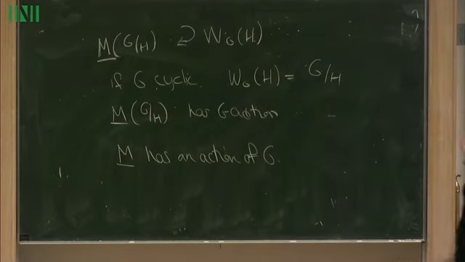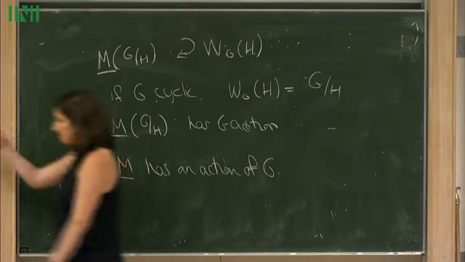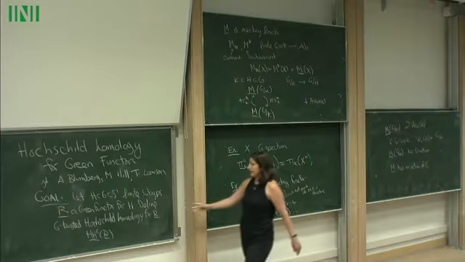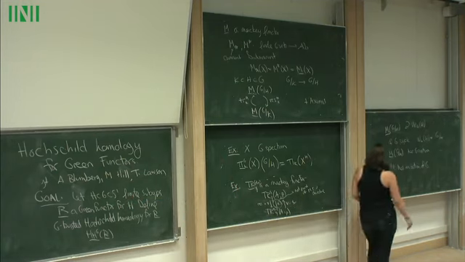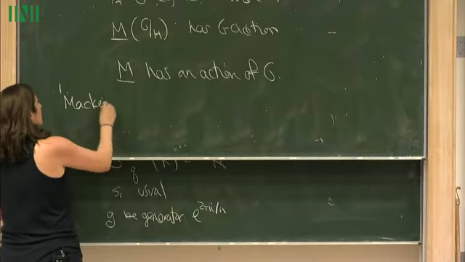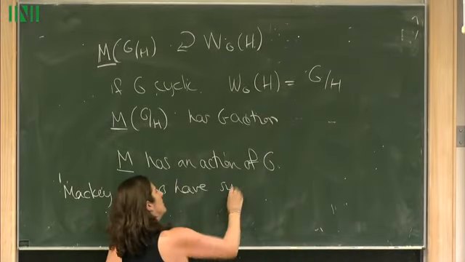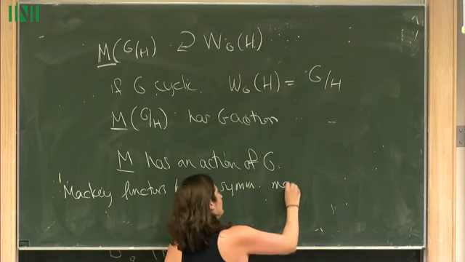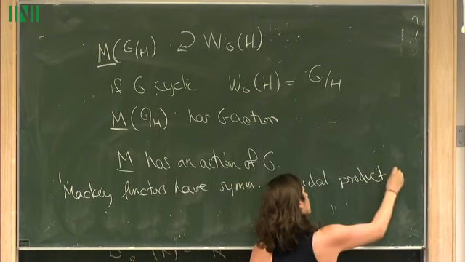One other thing that I need: I've said some stuff about Mackey functors, but our goal was related to Green functors, so let's recall what a Green functor is. Mackey functors have a symmetric monoidal product, the box product.